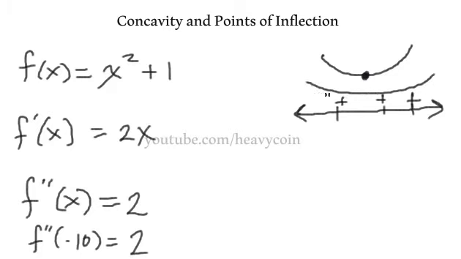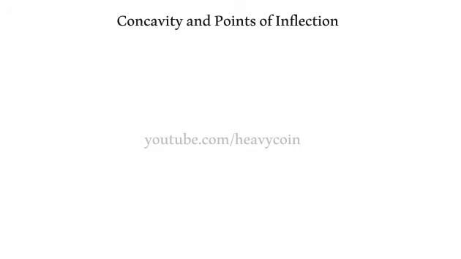I use these concave type lines to determine whether the graph is concave up or down. In this particular case, we don't have any inflection points, but we can say the graph is concave up, and I'll label it as CU here, from negative infinity to positive infinity.